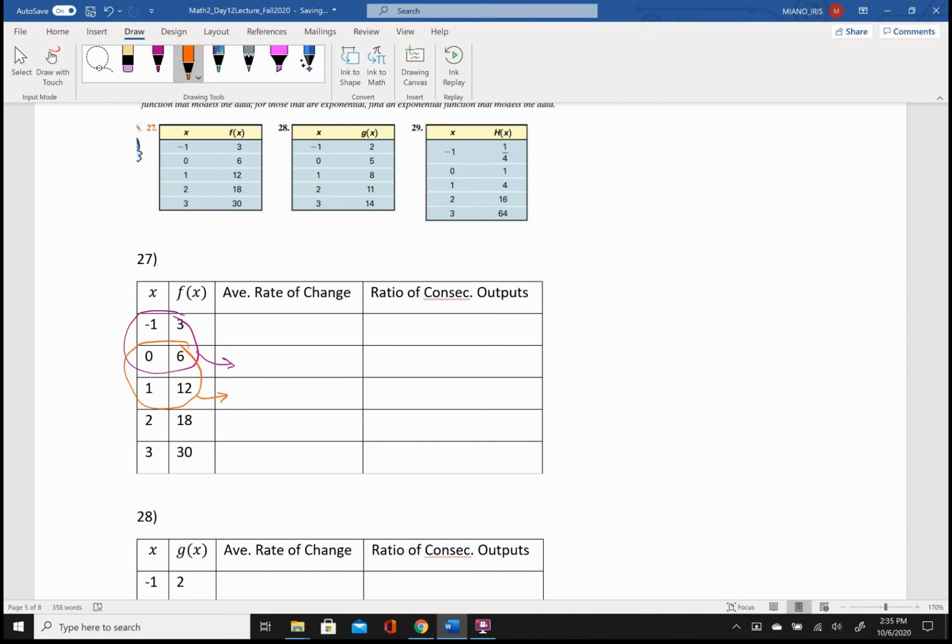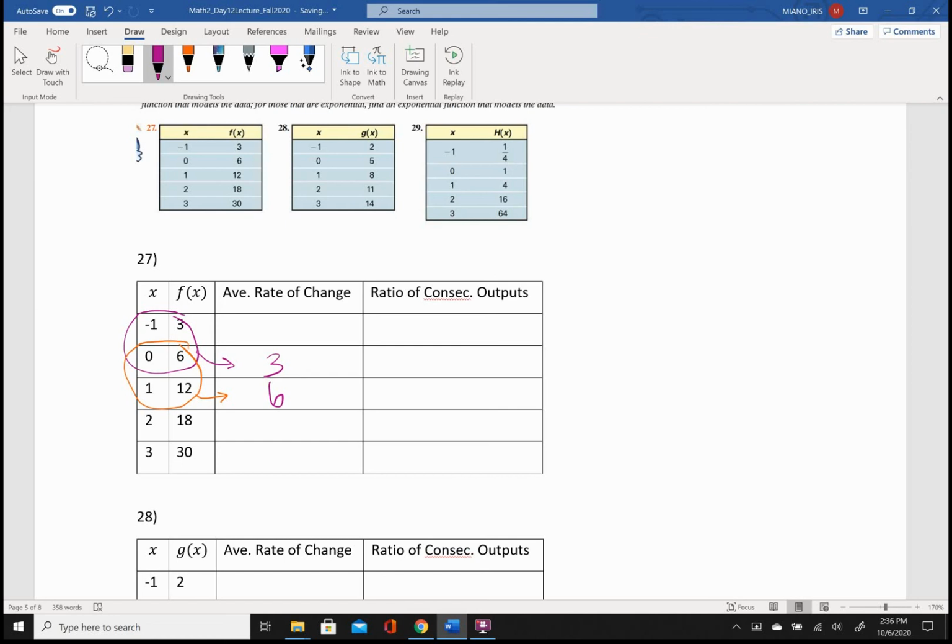If I put -1, 3, and 0, 6, those two ordered pairs in the slope formula, I will get a slope of 3 for this first one. These next two ordered pairs, 0, 6, and 1, 12, give me a slope of 6. Ooh, so right away, the average rate of change is not constant. If it's not constant, then that means it's not going to be linear.